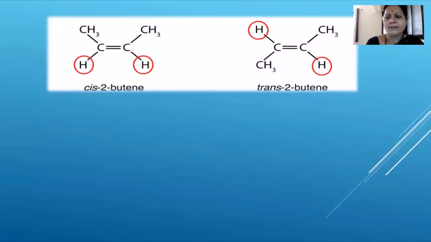See here, example, but-2-ene or 2-butene, cis form and trans form, 2 similar atoms, hydrogens or methyl groups. They are on the same side. 2 methyl groups are on the upper side, 2 hydrogen atoms are present on the lower side. It is called cis. And when they are on opposite sides, it is called trans.